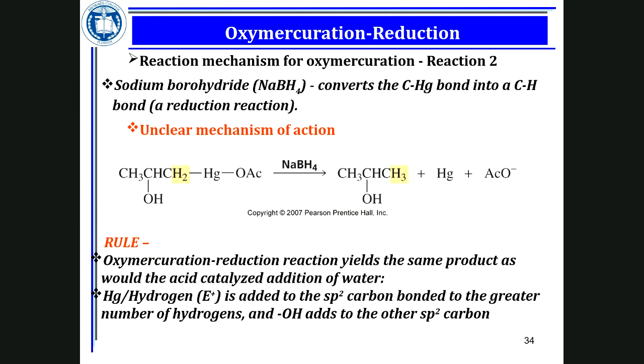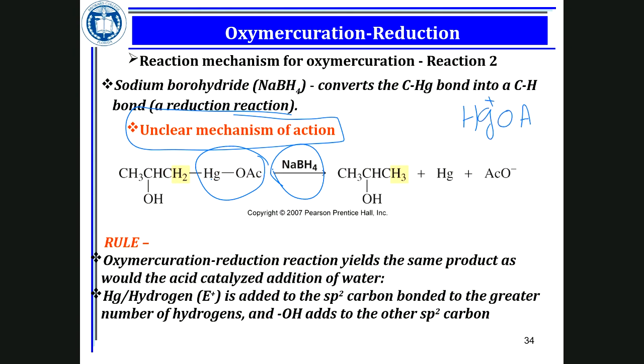Next step, when you bring in the sodium borohydride, it is going to remove Hg and add hydrogen. So it's going to do demercuration, basically. And remember, I said that the mechanism presented in this book was different from other sources, which sometimes just say that HgOAc+ forms first, and then this acts as the electrophile.